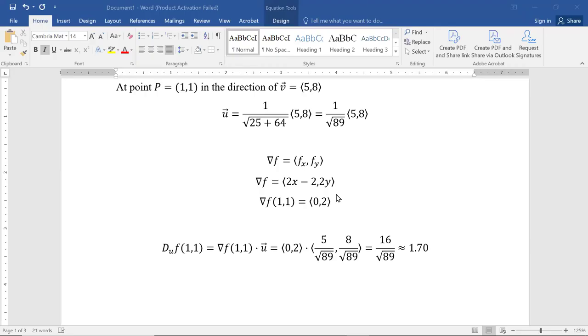And in this case, as my point goes in the direction of vector 5, 8, my z is changing by about 1.70 per unit of change. That is this unit vector of change in this direction. Hopefully that makes sense.